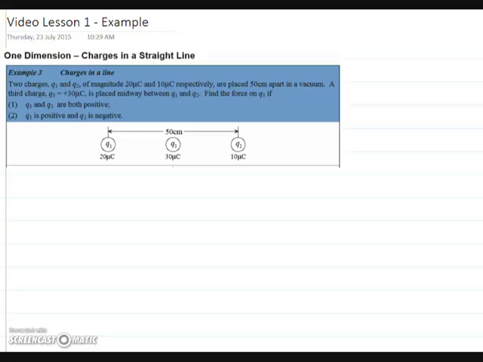Okay, so let's have a look at an example. First of all, we've got a question here that's talking about charges, and we've got 3 of them. So our normal Coulomb's law, we still have to apply, but it's going to be a lot harder. So 2 charges, Q1 and Q2, of magnitude 20 microcoulombs and 10 microcoulombs respectively, are placed 50 centimeters apart in a vacuum.